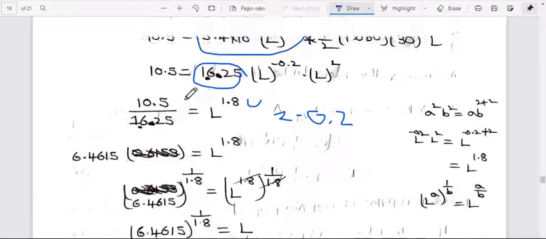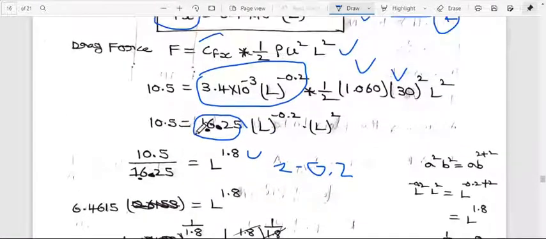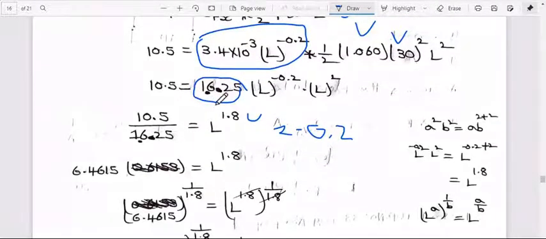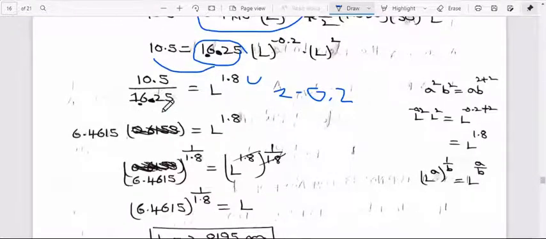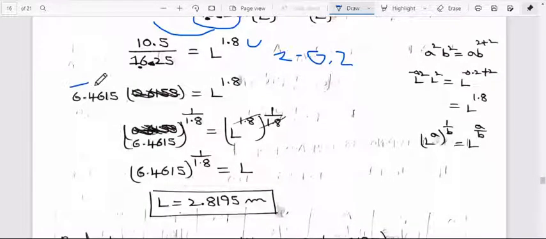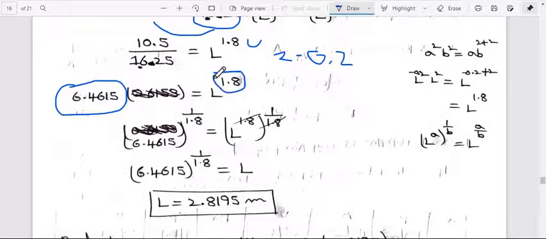So we need to substitute. So here 1.625 is brought from this side. So 10.5 by 1.625 is equal to L power 1.8. So this is the simplification value, 6.4615. So here 1.8 is there, so both sides 1 by 1.8 value.